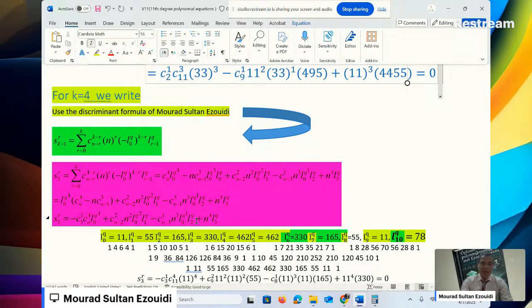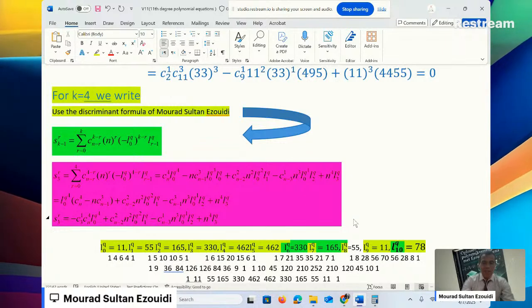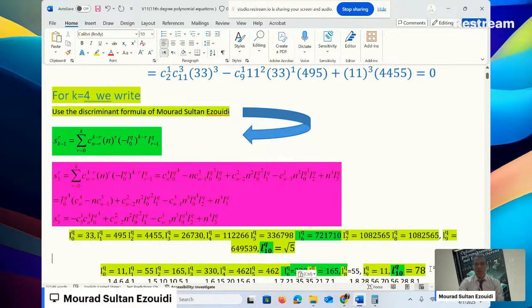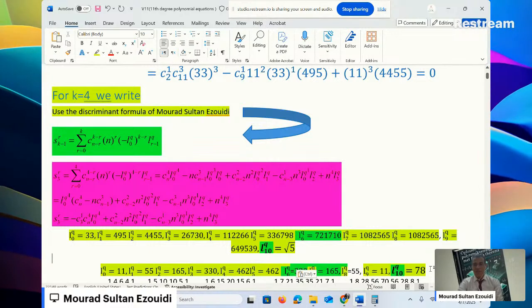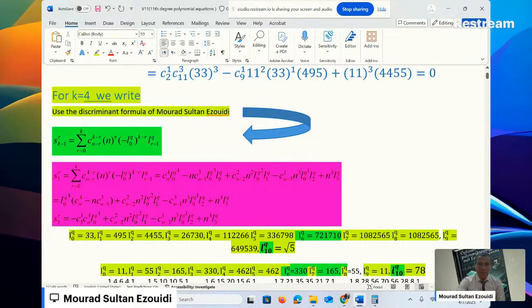So I will now, my kids, write the coefficients, if possible. These are the coefficients of my Newton's equation, and I'm going to erase this one.